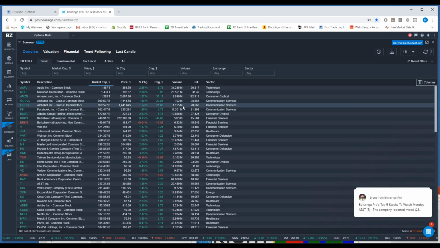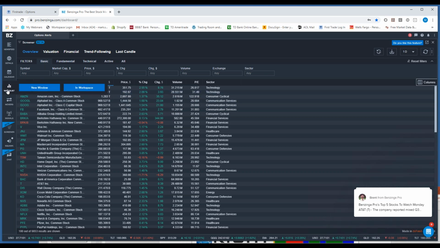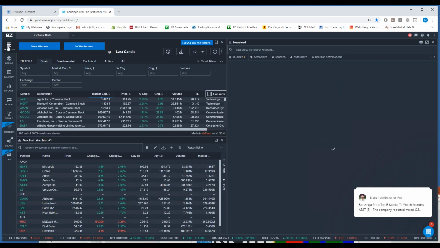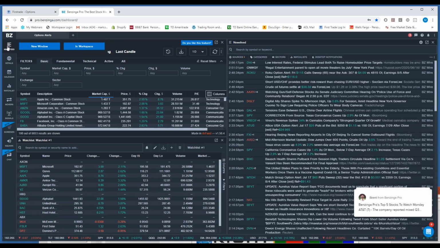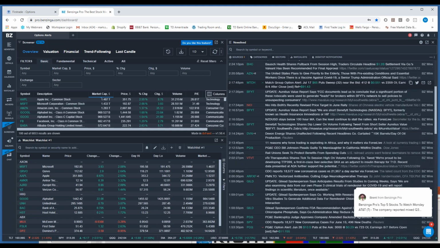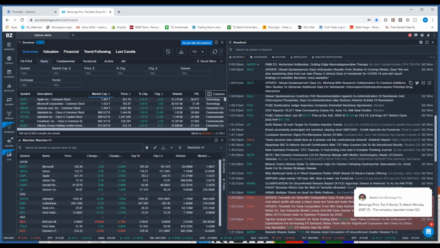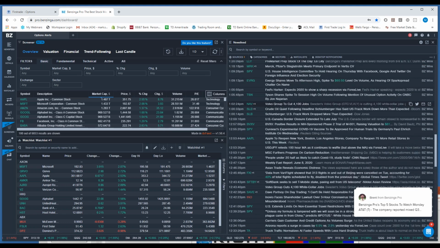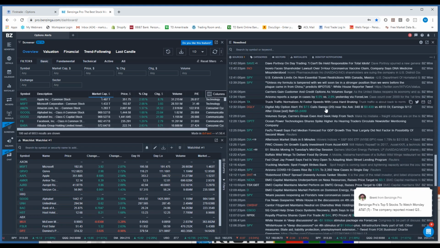Now, I don't want to look at those. That's my watch list, and this has nothing to do with what I'm trading. I don't really use this watch list. So I have to retool my whole news feed, because my news feed, which is right here, these are all options. See Tesla. And this is really what I use.